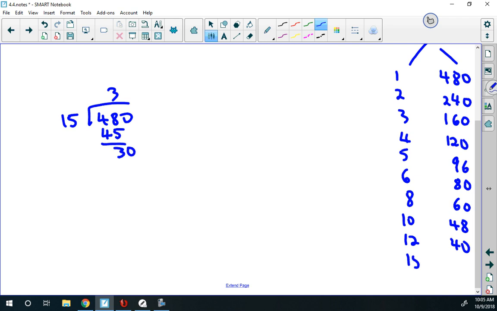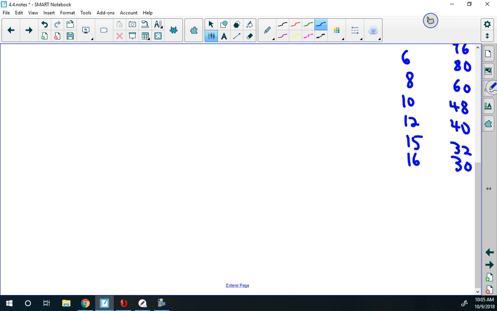So 15 and 32. 16 and 30. 17 I don't think does. 18 doesn't because 9 didn't. 19 doesn't. 20 will go 24 times. 21 I don't think does. 22 is not going to. 23, and we're back to, that's it. That's all of them. That was a long time to find those factors.